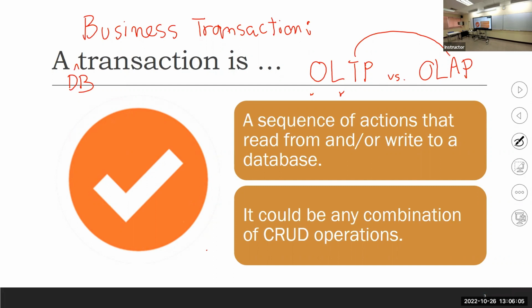How about booking an airline? Usually a business transaction is when a customer wants to accomplish some operation related to the business service or product, buying and selling and so on, okay?